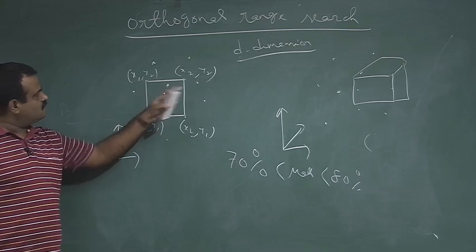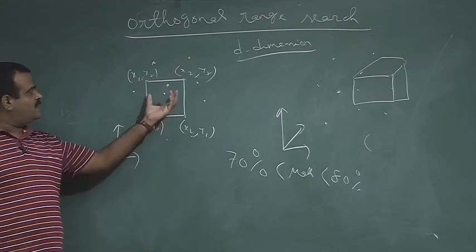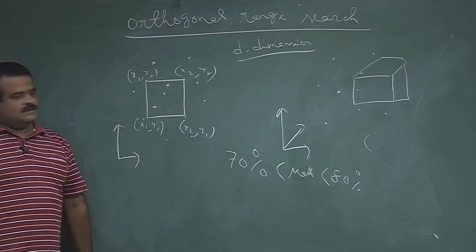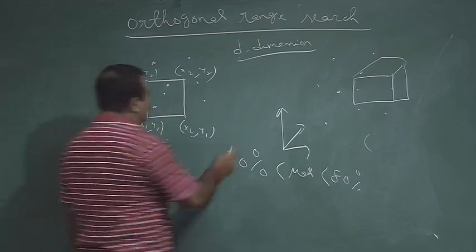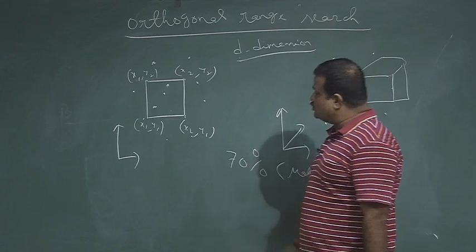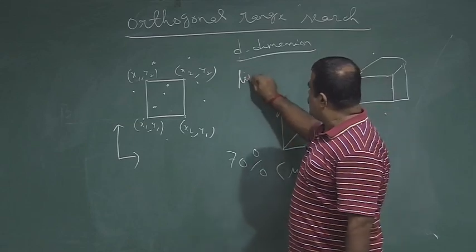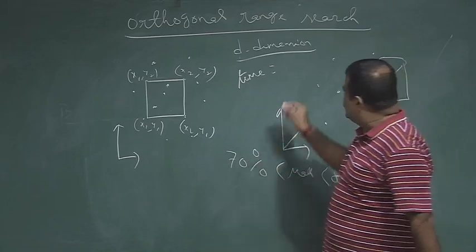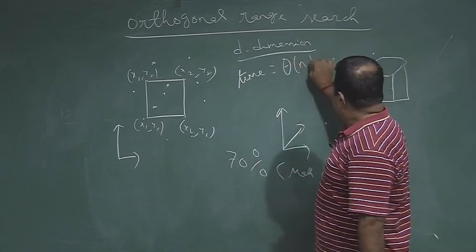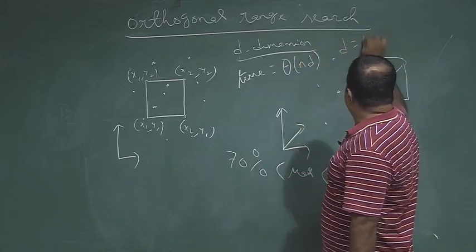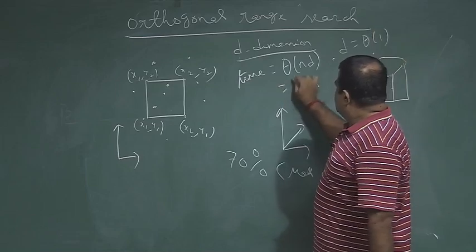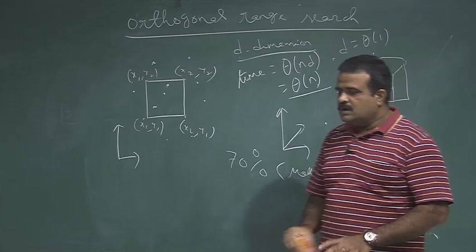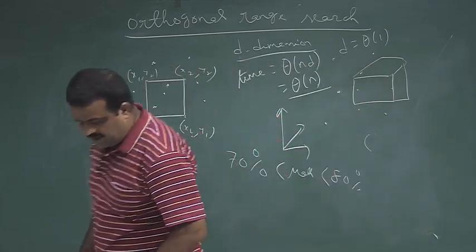We can just take all the points and verify their x coordinate and y coordinate. If it belongs to this, then we are done. That is the naive approach. What is the time complexity for that? We have to do it for all the points, and if it is d dimensional, this is typically n times d. But if d is a constant, then this is order of n.